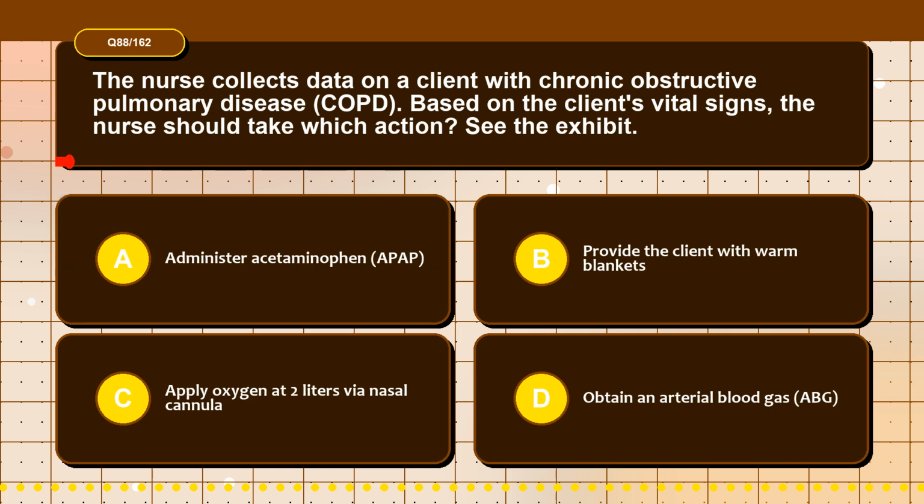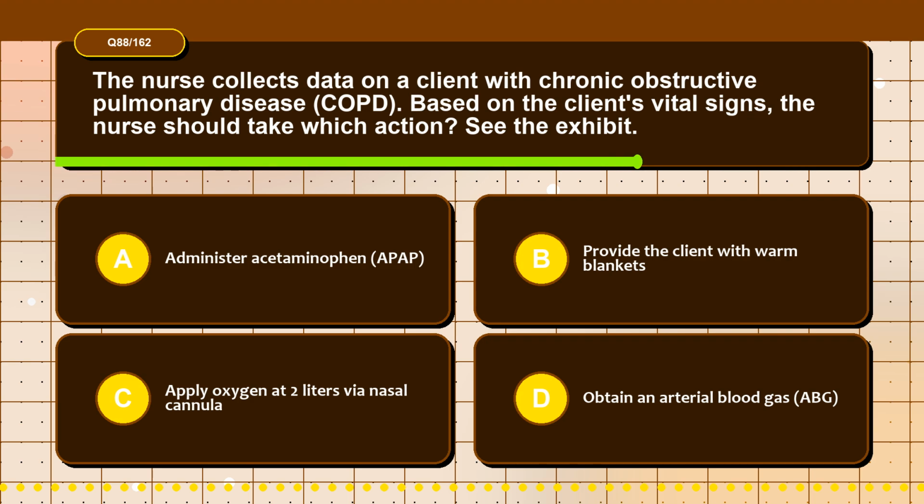Question 88. The nurse collects data on a client with chronic obstructive pulmonary disease (COPD). Based on the client's vital signs, the nurse should take which action? See the exhibit. Here are the options. Option A, administer acetaminophen in a PAP. Option B, provide the client with warm blankets.